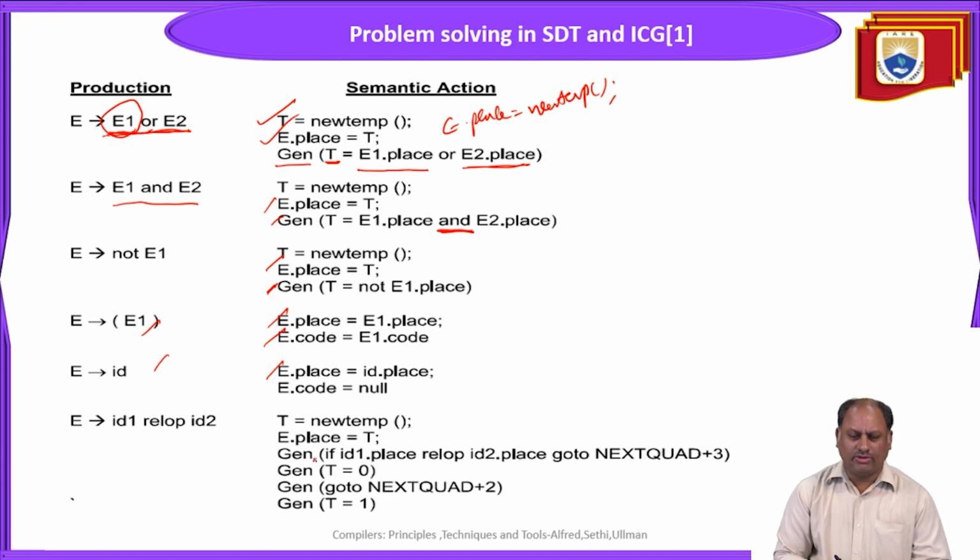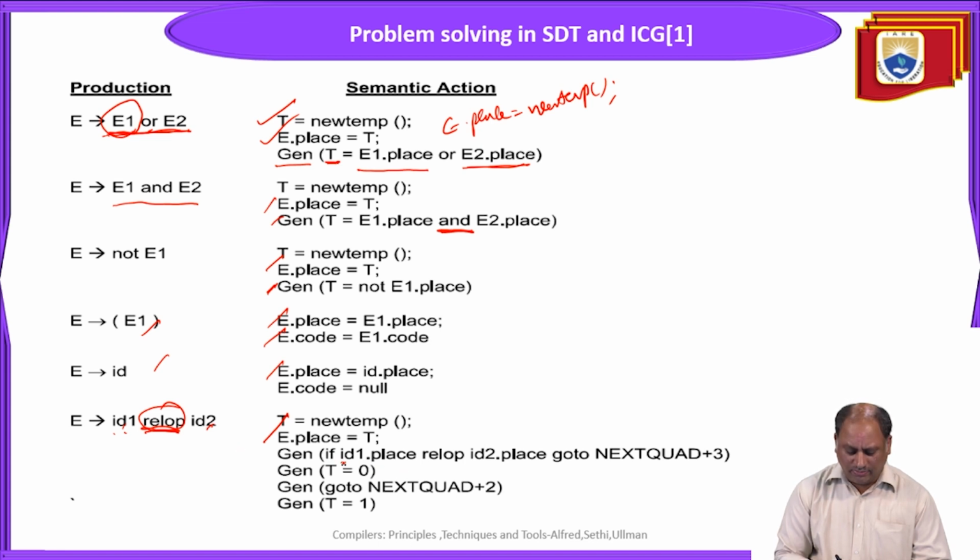In the case of the relational operator, it verifies after creating a new temp. There are two identifiers, identifier 1 and identifier 2, and in between the two identifiers we implement a relational operator.